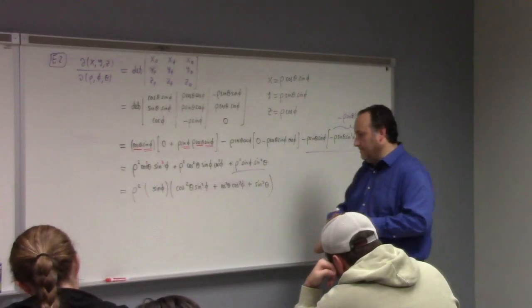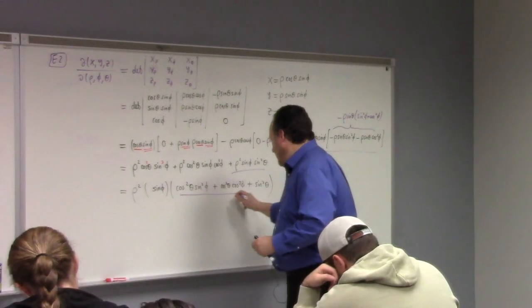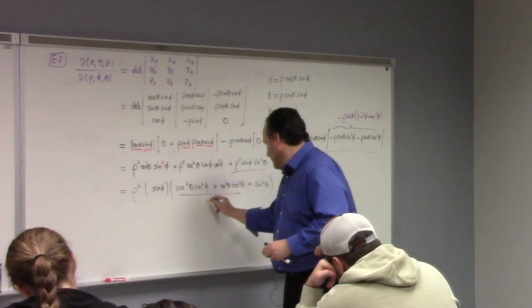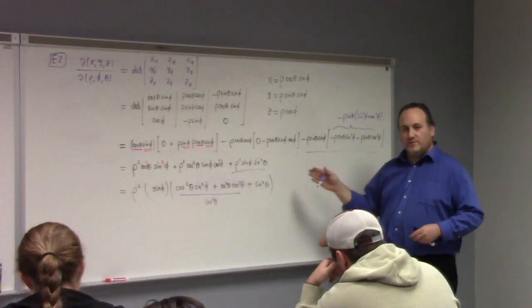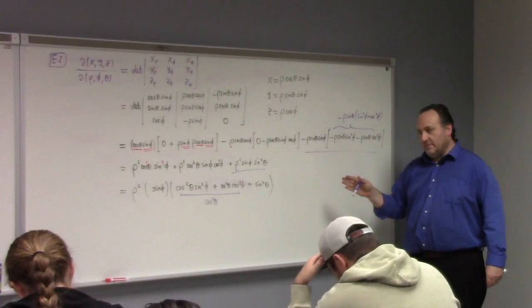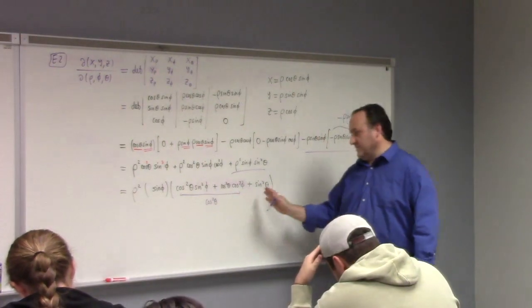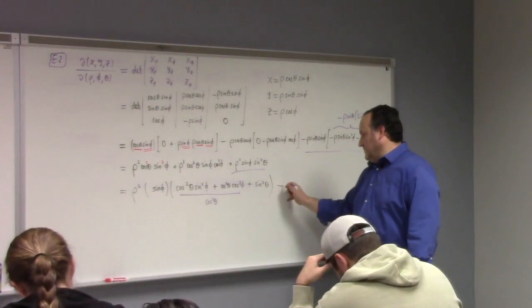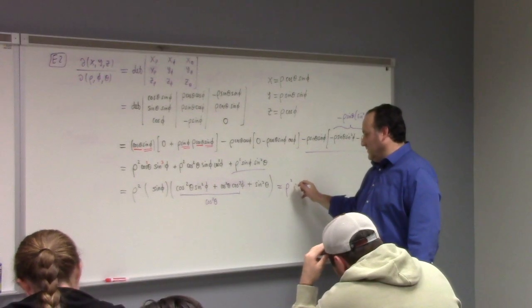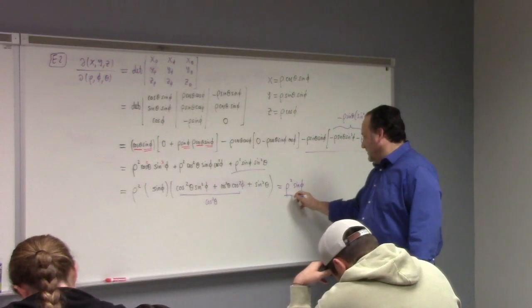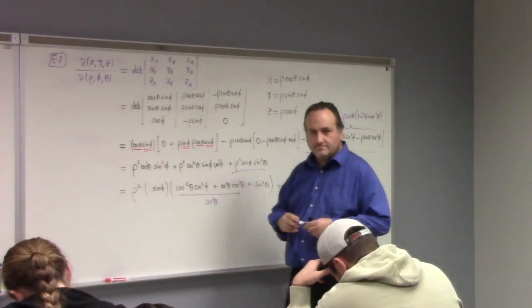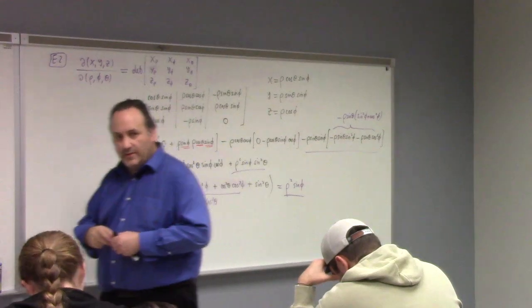See what happens here? These two simplify down to just cosine squared theta, because we can factor out sine squared plus cosine squared phi. And then we've got cosine squared theta plus sine squared theta, which, lo and behold, gives rho squared sine phi, which is what we just derived by geometric methods. Right.